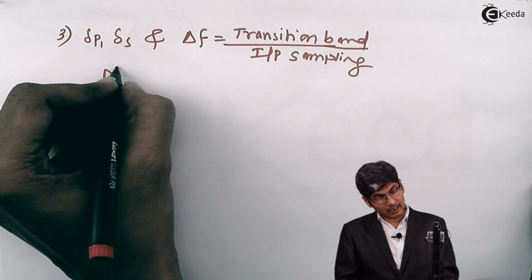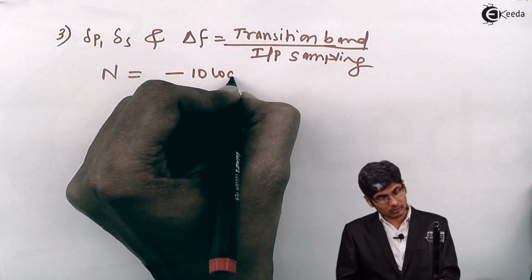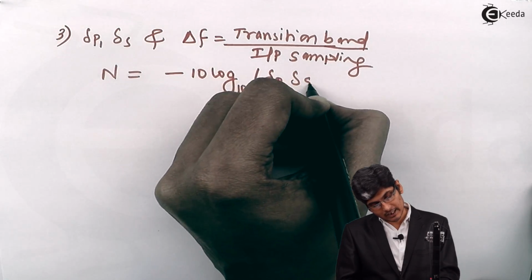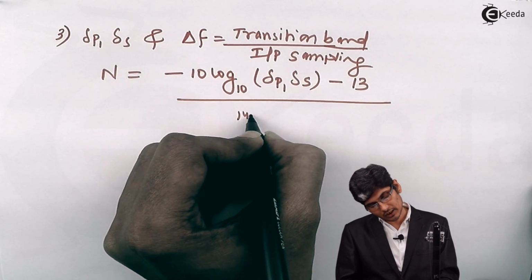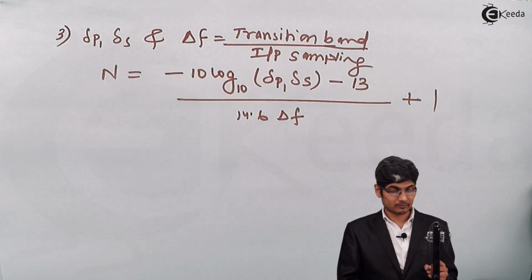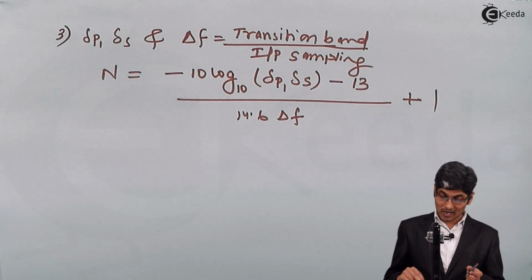Using this, I found the order. Order is minus 10 log to the base 10 of delta p1 delta s, minus 13, divided by 14.6 delta f, plus 1. So these are the three basic steps that we did in stage 1.